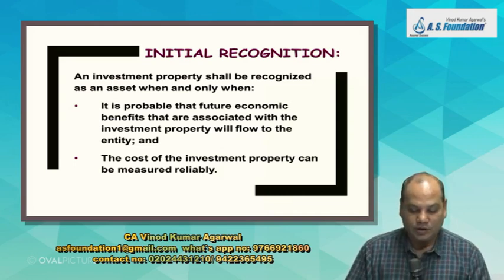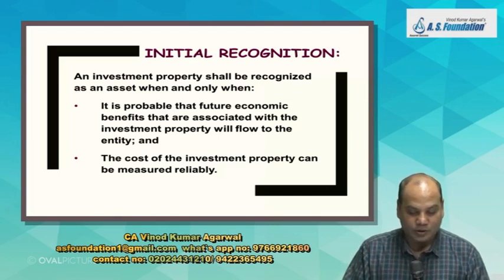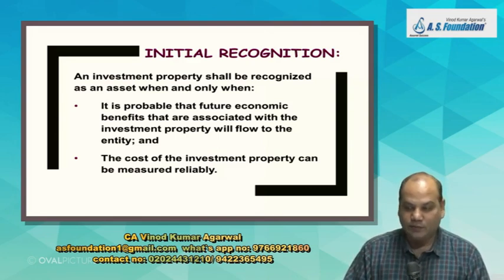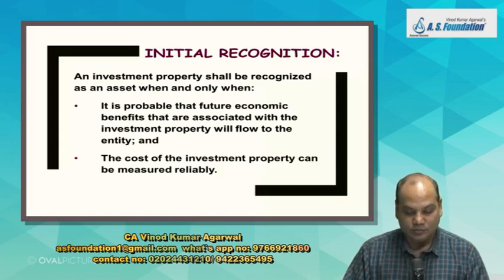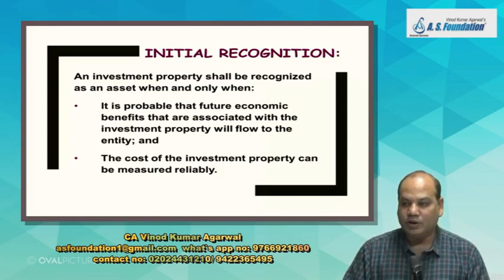After you've constructed the building, the municipal authority said it is illegal, demolish the building. Construction is complete. Only an approval from the municipal authorities in the form of a completion certificate is to be received. Should Modern Ventures recognize the property as investment property?